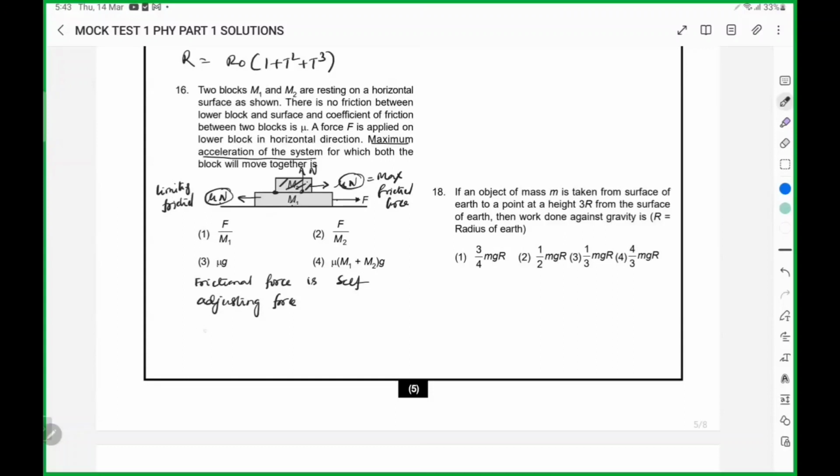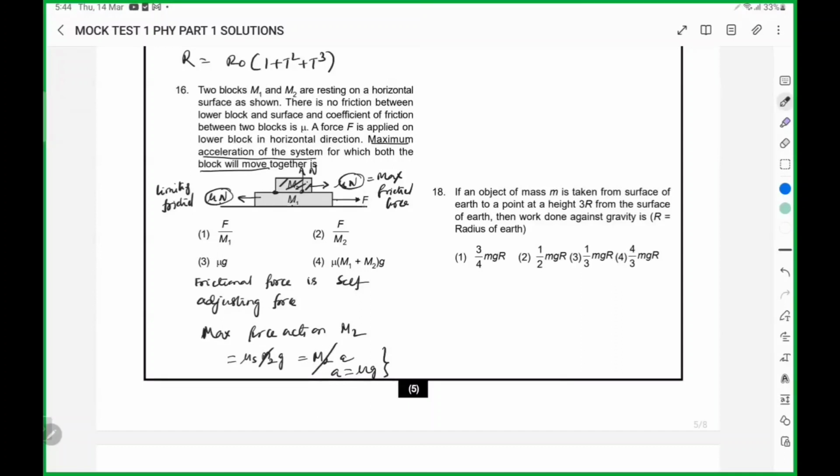So here, the blocks will move together if the maximum force acting on M2 will be mu s M2 g, which is M2 a. That means a equals mu g. Till that they move together.